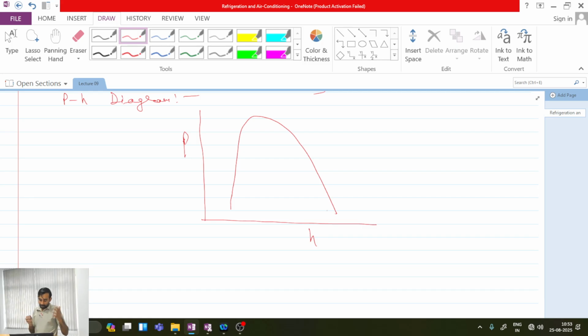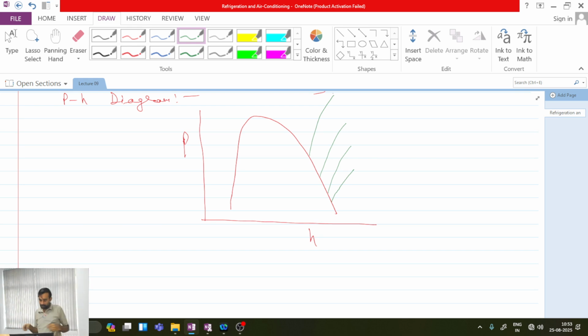And on this diagram, because I also have to represent the isentropic processes, the constant entropy lines in the superheated regime move something like this. As they move away from the saturated vapor line, these actually diverge.